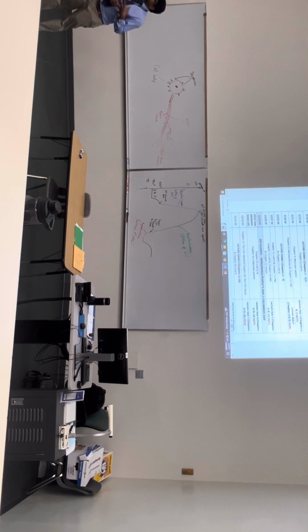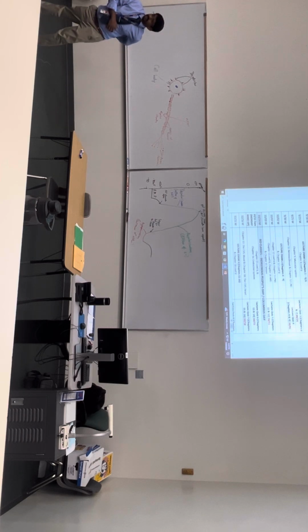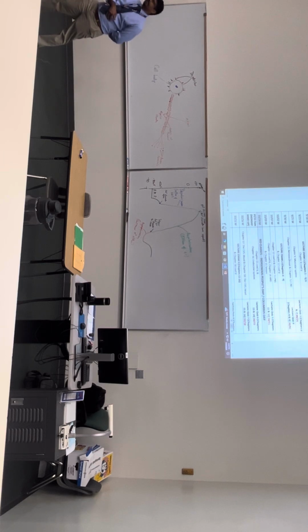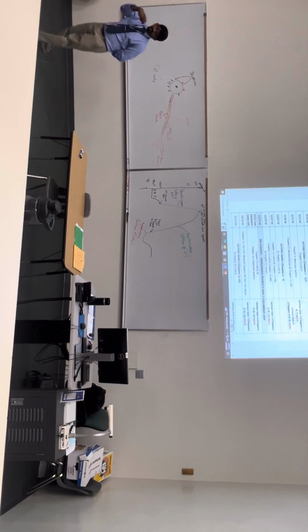Good. Joints, we talked about the different structural types. What's the functional classification of joints based on? Degree of movement. What are immovable joints called? Synarthrosis. Freely movable? Diarthrosis. Some movement? Amphiarthrosis. What are the 3 types of fibrous joints?